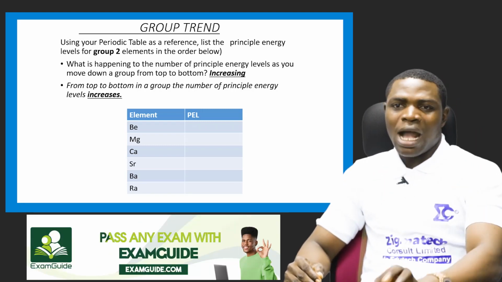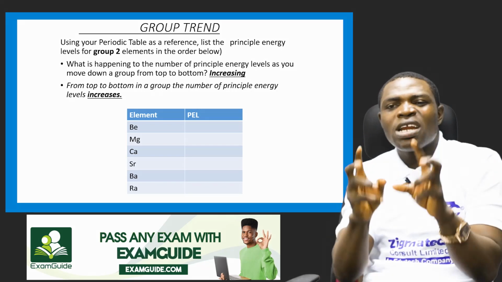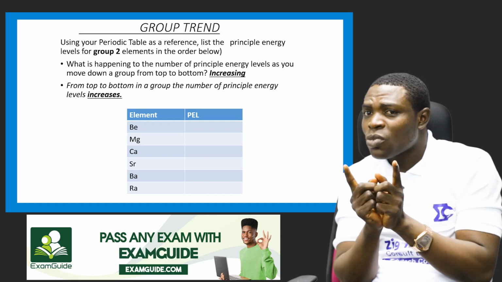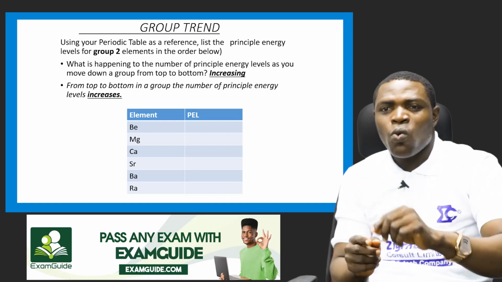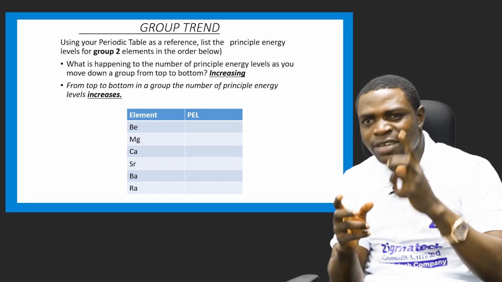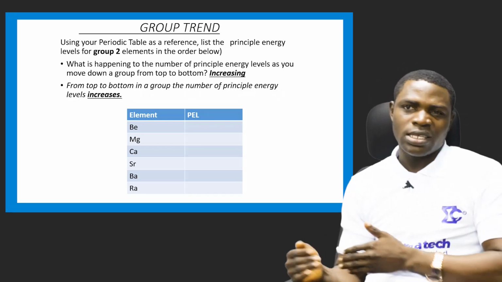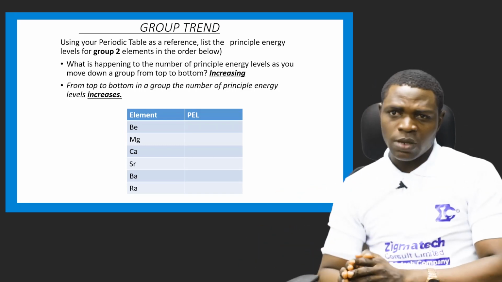Why? Because magnesium has an added advantage over beryllium. Beryllium is in which period? Period 2, while magnesium is in period 3. So that trend gives the analogy of the increase we are talking about as we look down the group in the periodic table.